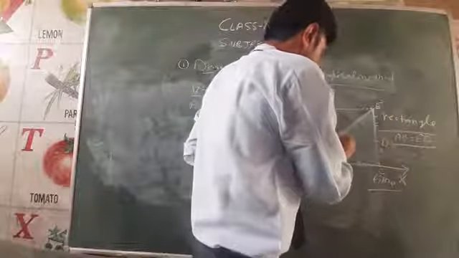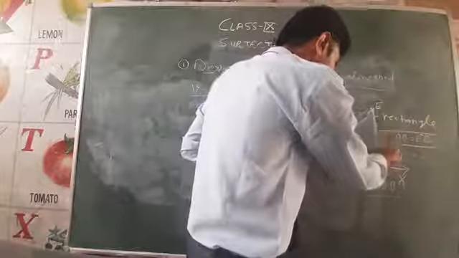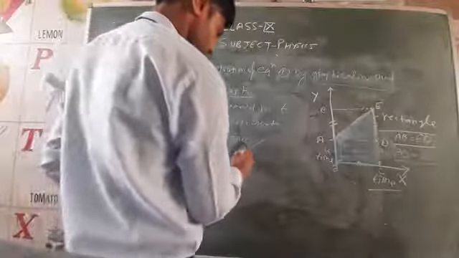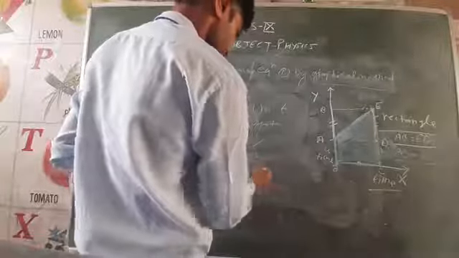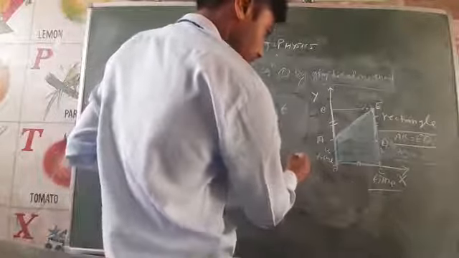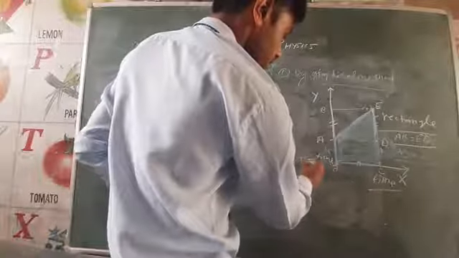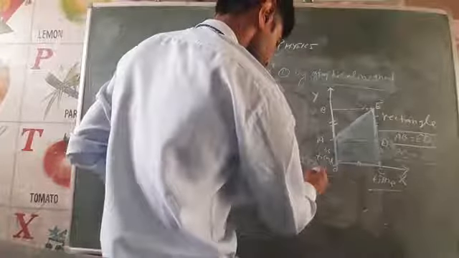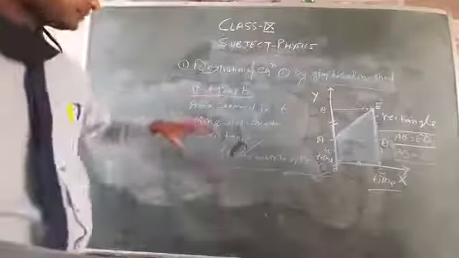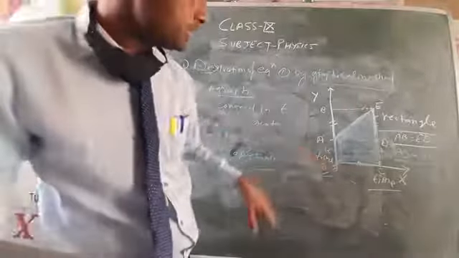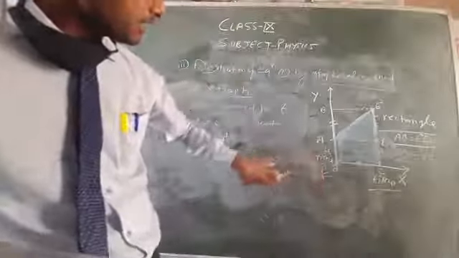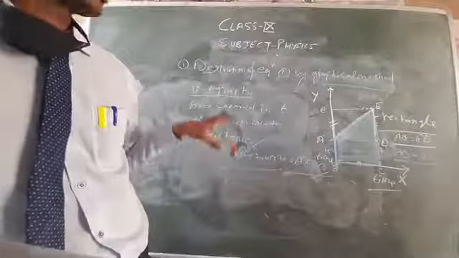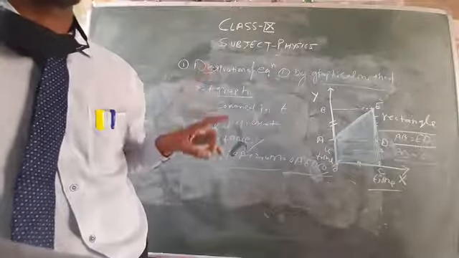This is the area of a trapezium OAEDC, and the area of this trapezium is equal to the distance covered in time t.